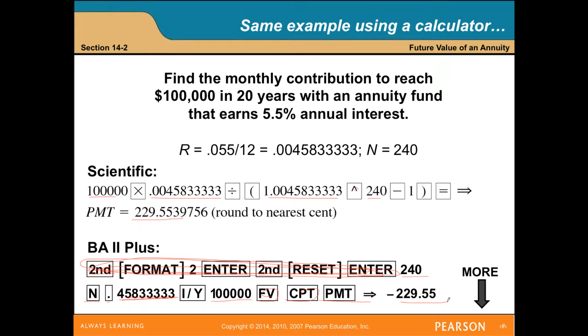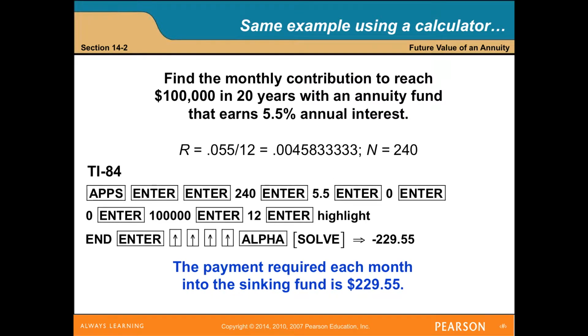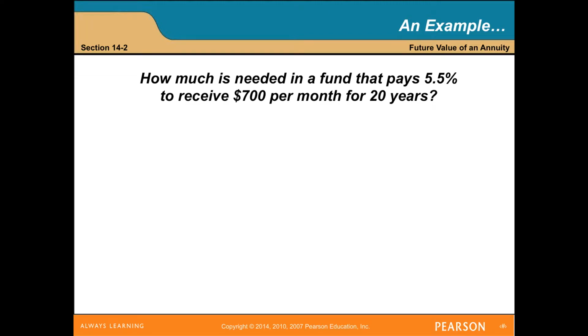And there we go, it works out. And for the TI calculator, I'm just going to skip it. But essentially, the payment required each month into the sinking fund is $229.55.